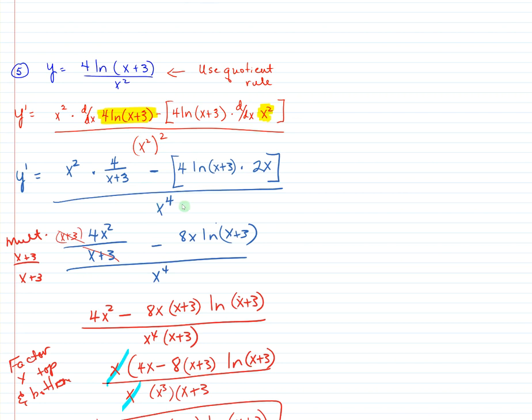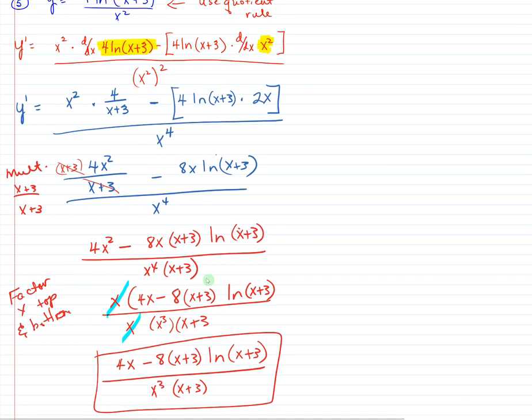Now, the algebra for this, to make it a little easier to clean up, if we multiply the top and the bottom by x plus 3, that's going to get rid of this fraction in here. So just think about if I'm multiplying the top up here, it's going to cancel out with that one.